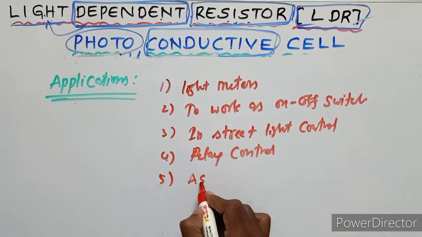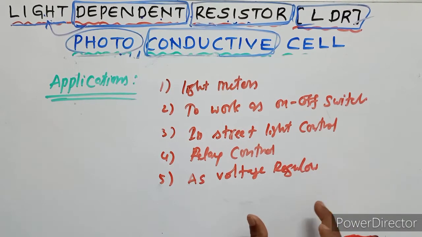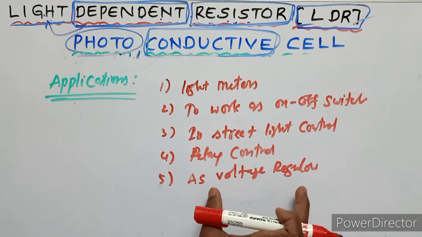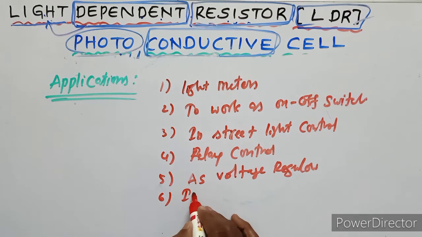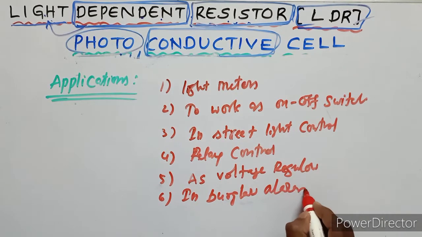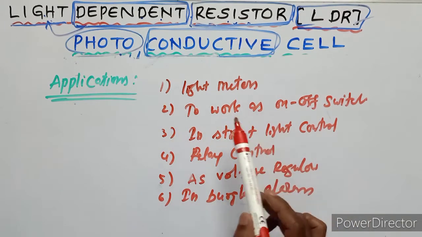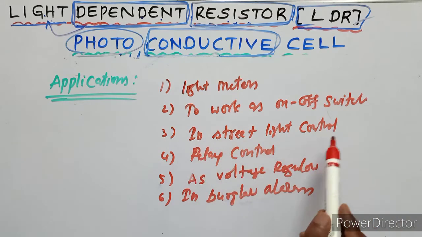LDR is used as a voltage regulator, because here conductivity changes. LDR is used in burglar alarms. These are all applications: light meters, on-off switch, street light control, relay control, voltage regulator, burglar alarm.